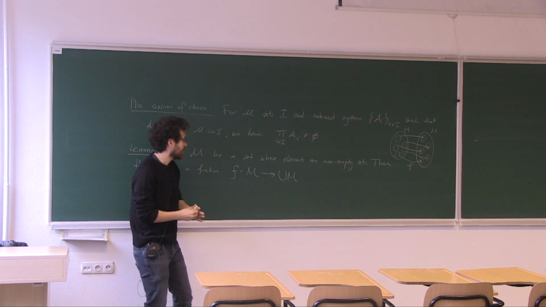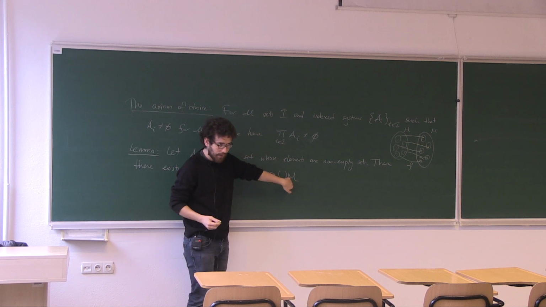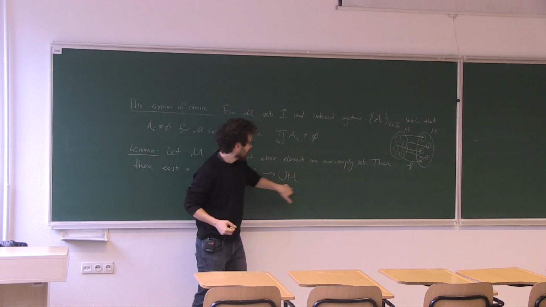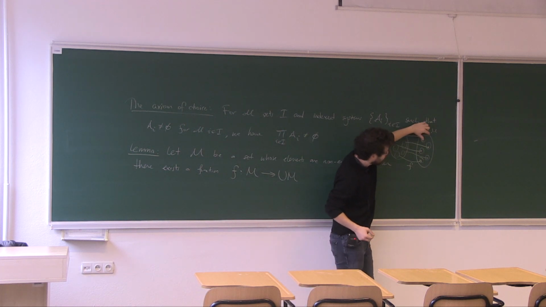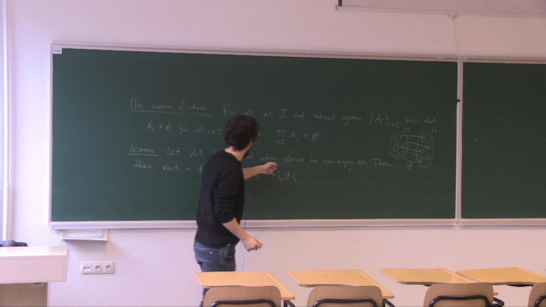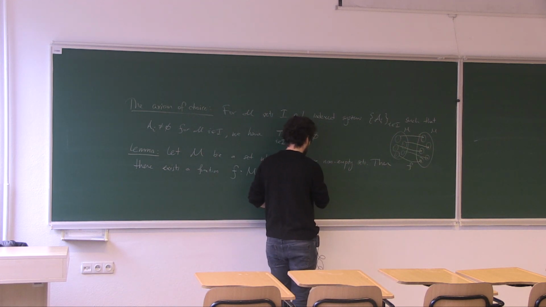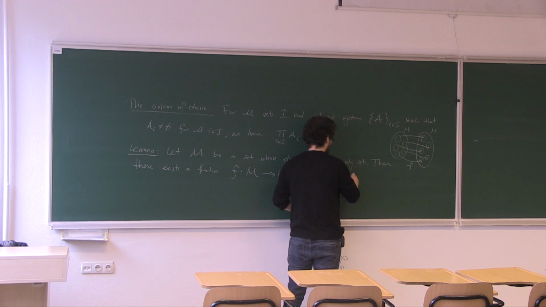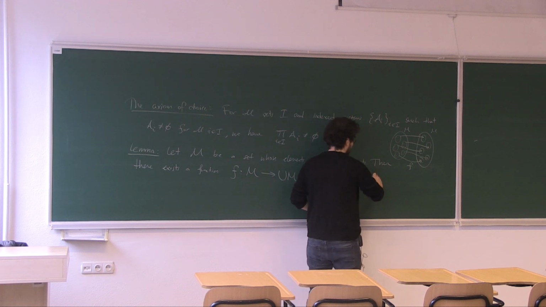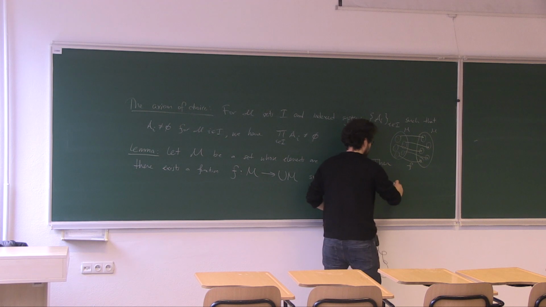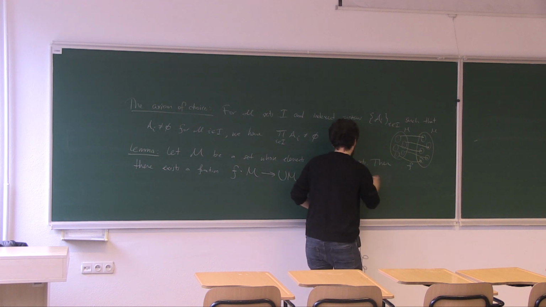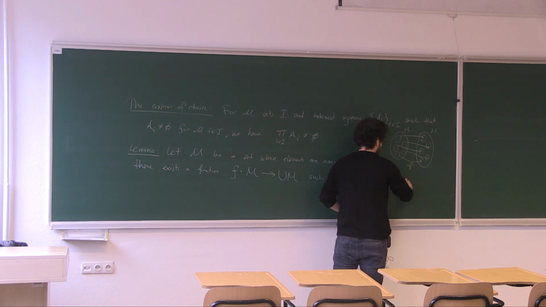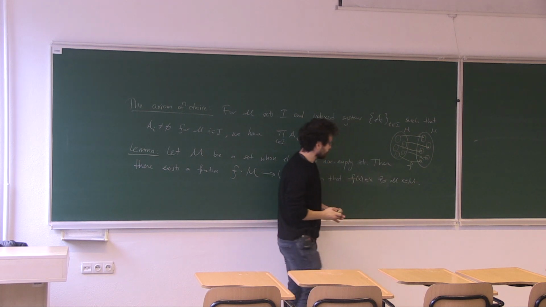So I need to take the union of M. What is this? This is the set consisting of elements of the elements of M. So I want to have a function satisfying this property such that for all x in M, f of x is in x.